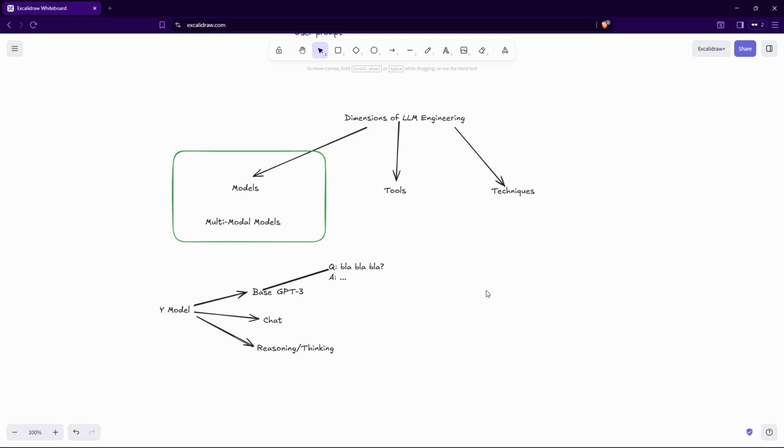This is what we normally do with the chat variant, and this type of chat model expects you to interact in this Q&A prompting style. And it is in this flavor of model that we started to introduce, or at least heavily use, things like system prompts and user prompts.